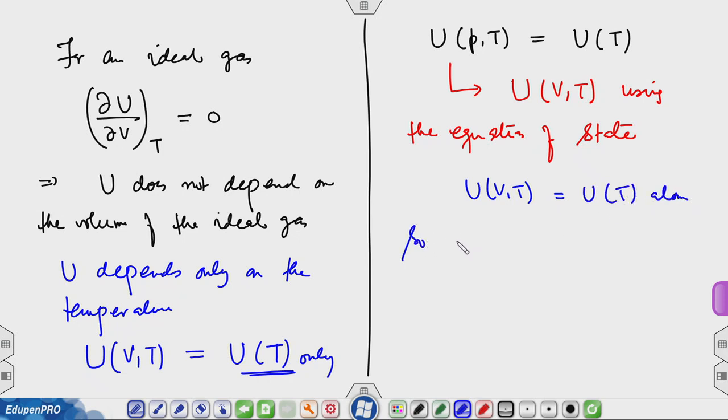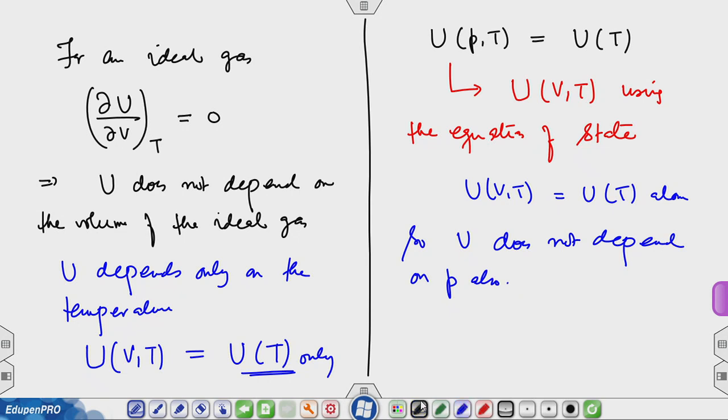So U does not depend on P also, because if it did, then the dependence on V would also come. In the lecture on another thermodynamic potential called Gibbs free energy, we will prove this explicitly, because I'll get a Maxwell relation there relating the pressure partial derivative. So that's one result based on the Maxwell relation.